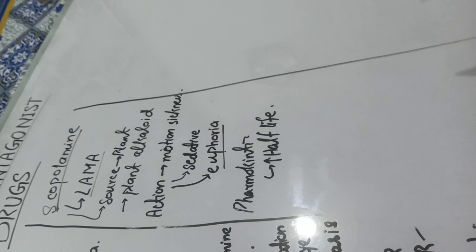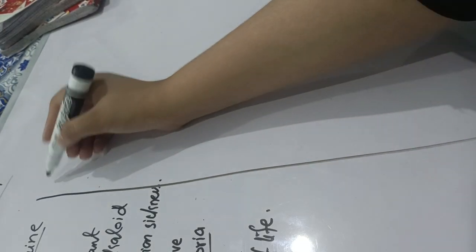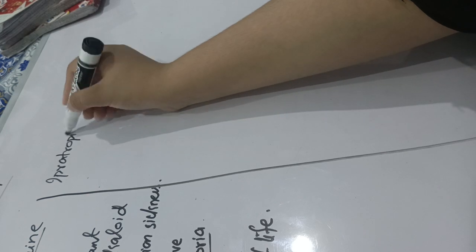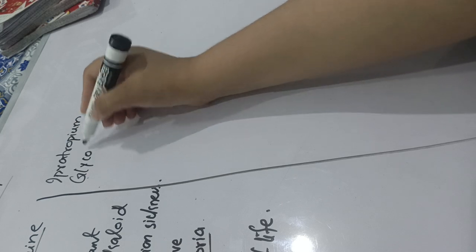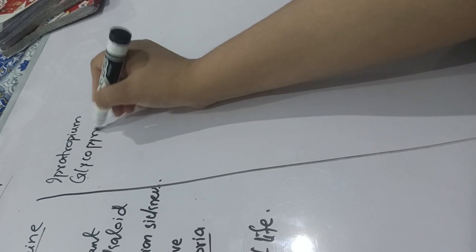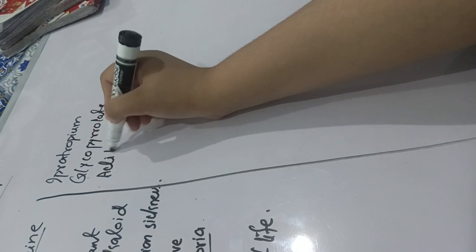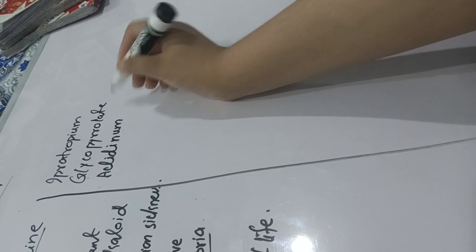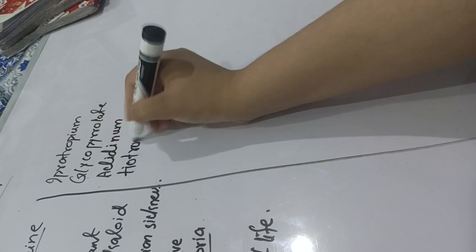On the next drug we have four major drugs which will be discussed here. The first drug is ipratropium, then there is glycopyrrolate, then there is aclidinium, then there is tiotropium.